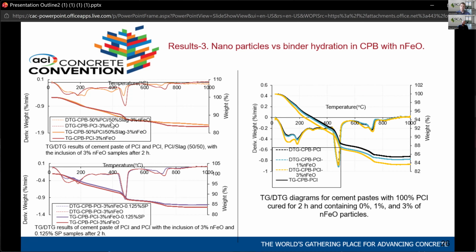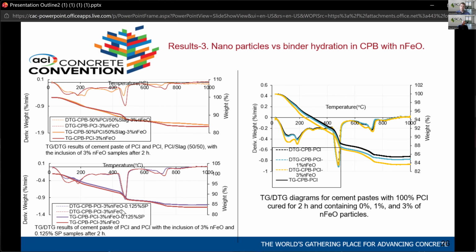So the nanoparticles here are all the same. I only changed the slag cement percentage in the binder. You see, when you add slag, the orange one, we have less hydration. But the red one, without slag, has more hydration. So slag reduces the hydration process, which is also obvious. We all knew that before.